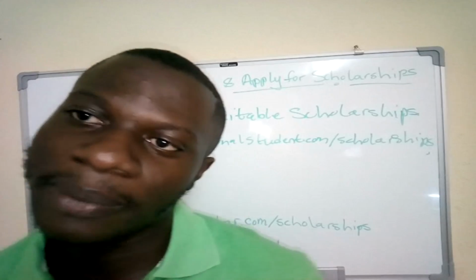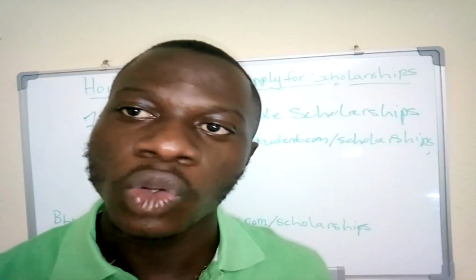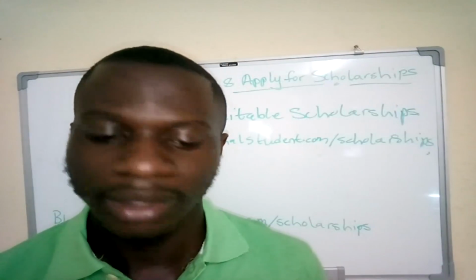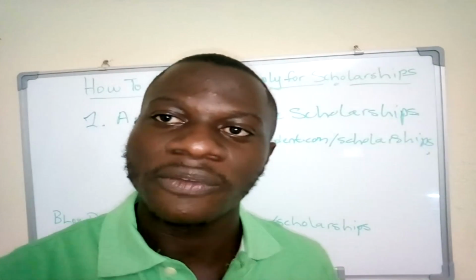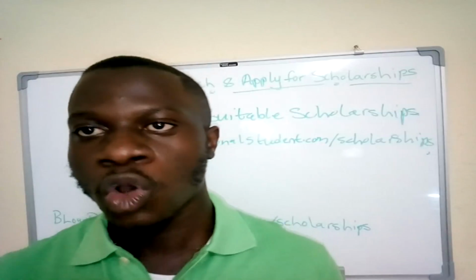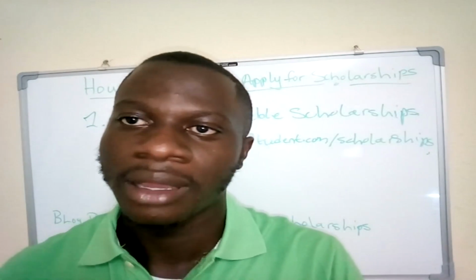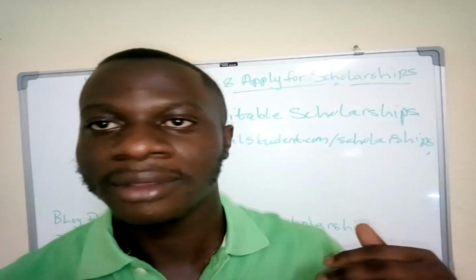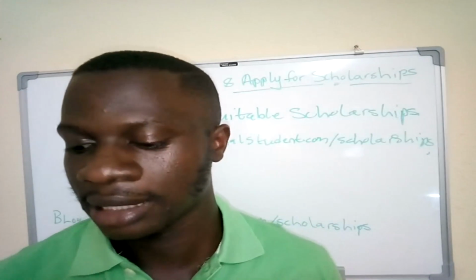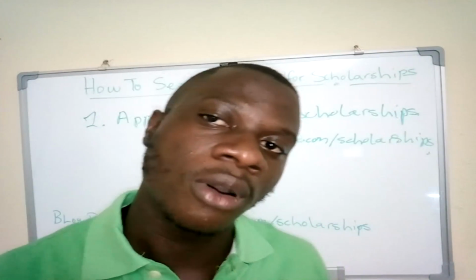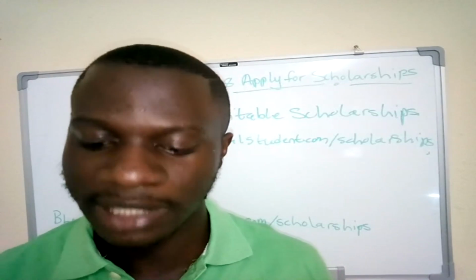So you can check that website, and also you can check the website of the university that you're applying to. Many universities abroad offer scholarships, and you can get them on their website.